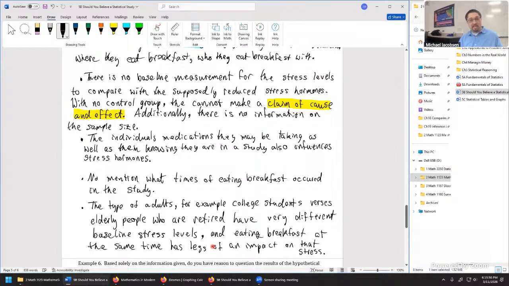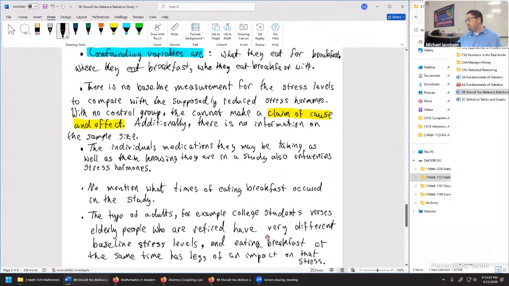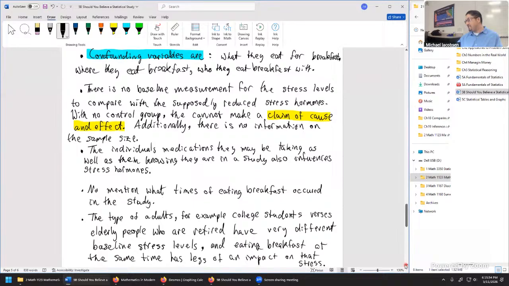Just that type of adult seems to be, again, the major factor there, more than whether they're eating breakfast at the same time influencing their stress.